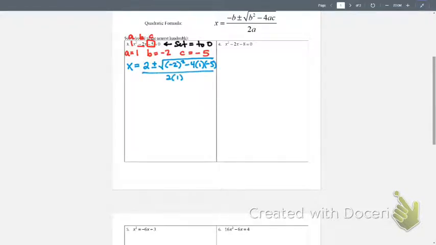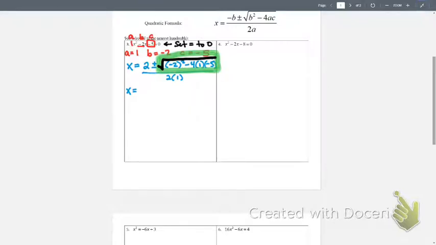Now we're going to have to work this out, and we're going to use our calculator to do a lot of this. What I want you guys to do is, using your calculator, type in this whole entire thing exactly like you see it here. So you're going to hit your square root button first, and you're going to get a value for what I have in the rectangle.